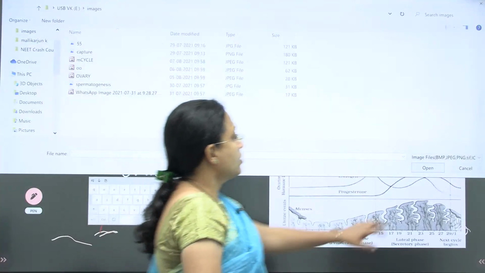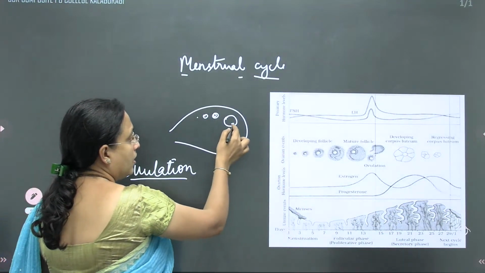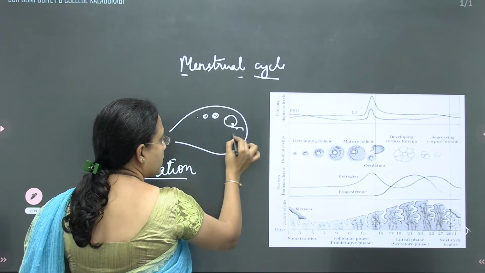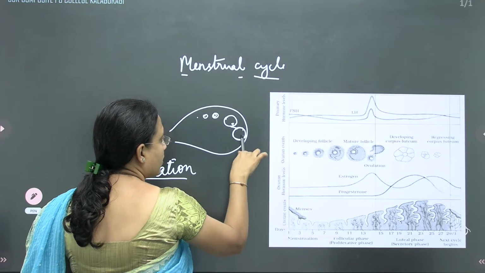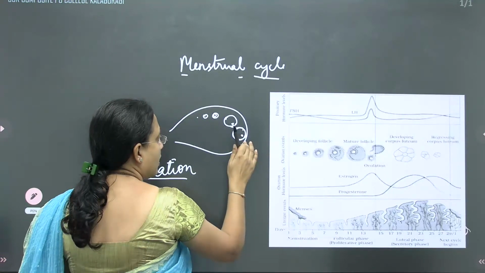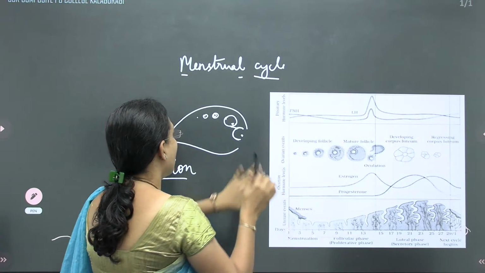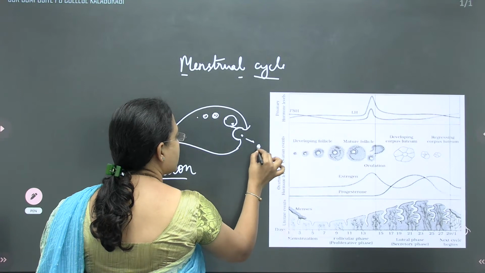As this Graafian follicle develops, it is going to move towards the periphery, and whatever ovum is there is going to be discharged.